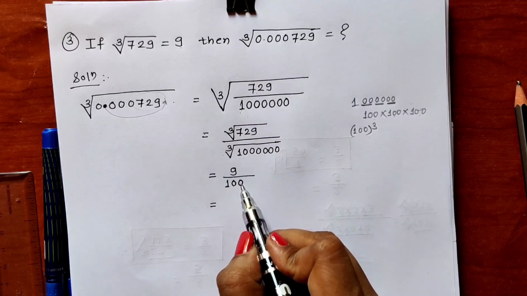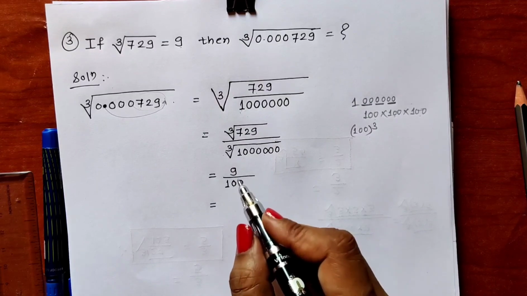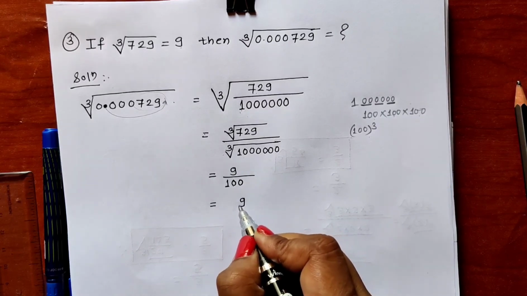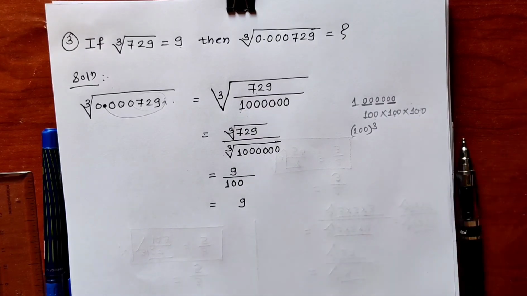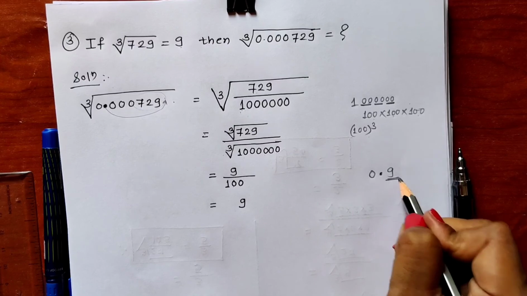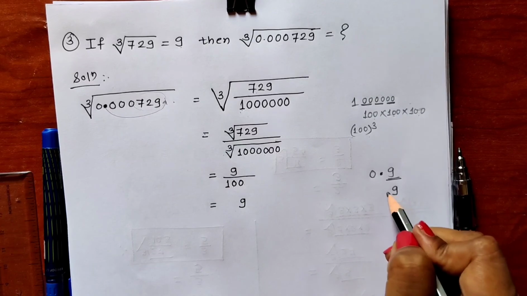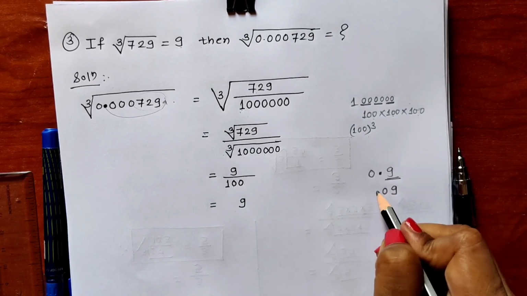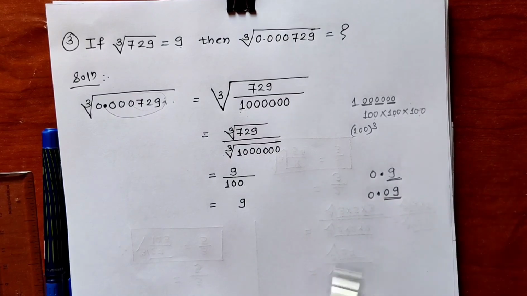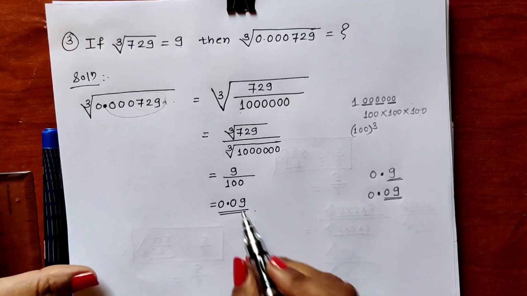Only 1 digit we have in the numerator. So before 9 we have to put 0, and then the decimal point and 0. So after the decimal point there will be 2 digits. So in this way we write 0.09, and the answer will be 0.09.